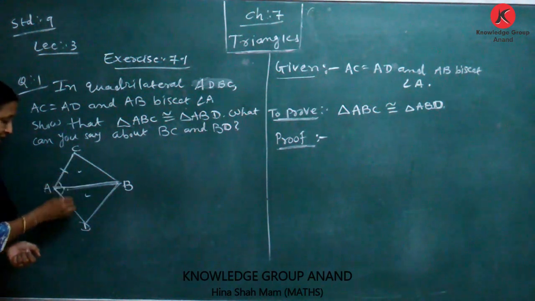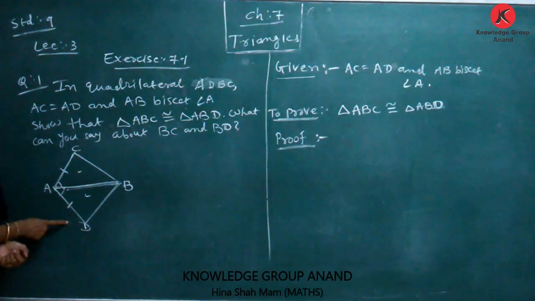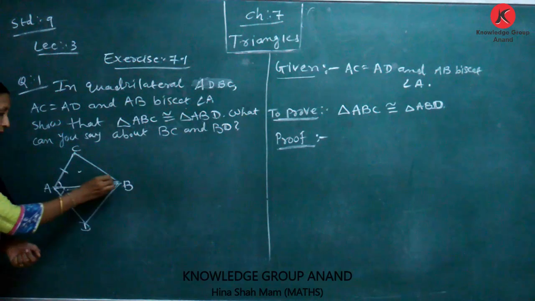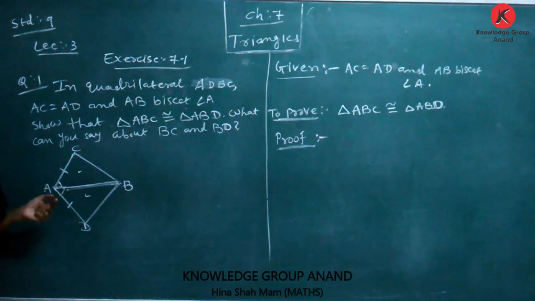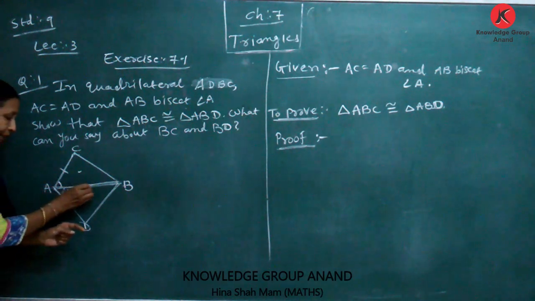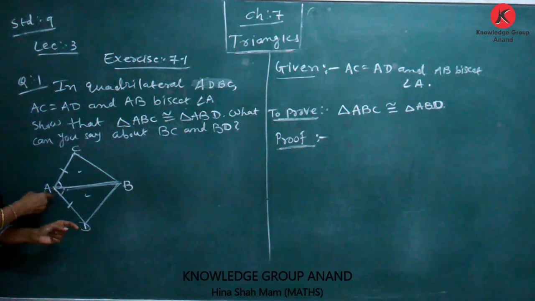AC is equal to AD, given. Angle CAB is bisected, therefore two equal parts. Line segment AB bisects angle A.